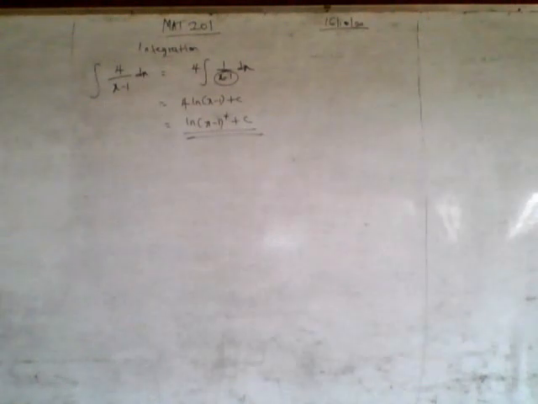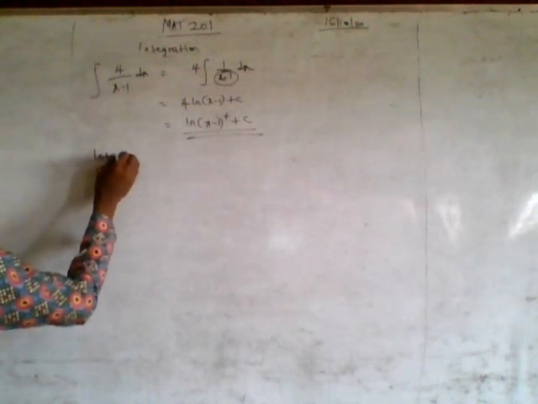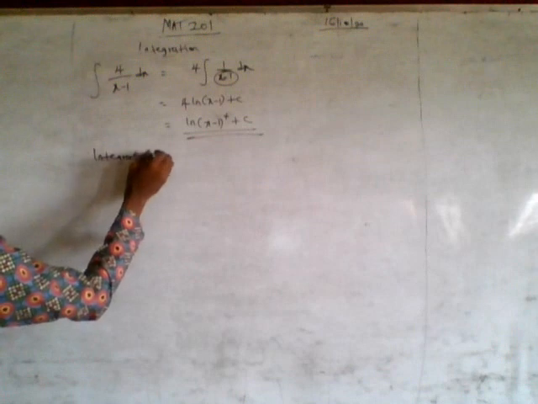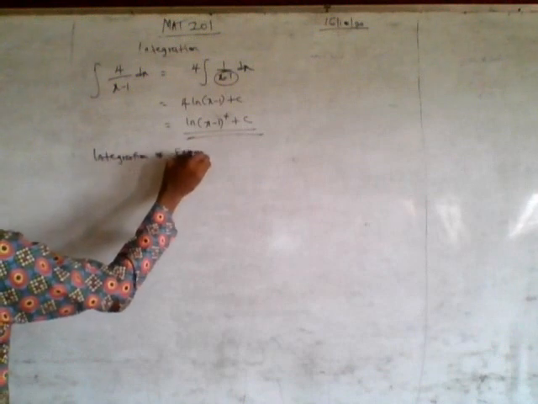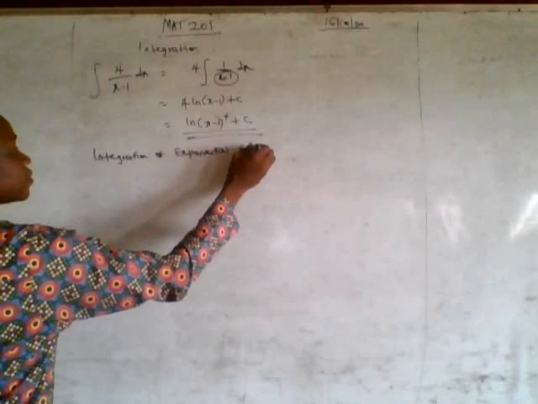All right. So these examples deal with integration when the denominator and numerator are related by differentiation. Okay, we look at how to integrate exponential functions. Integration of exponential functions.